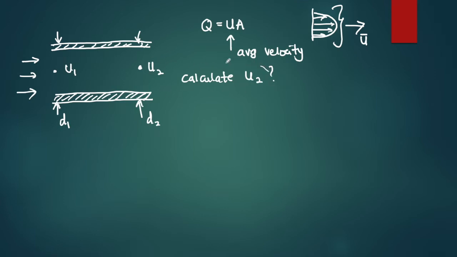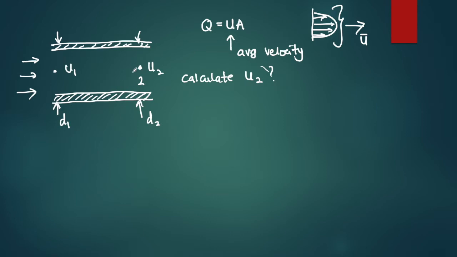When the question asks about calculating U2, the simplest way is to select the points. So for us to calculate U2, we select this point as our point number 2, or calculate the velocity at section 2.